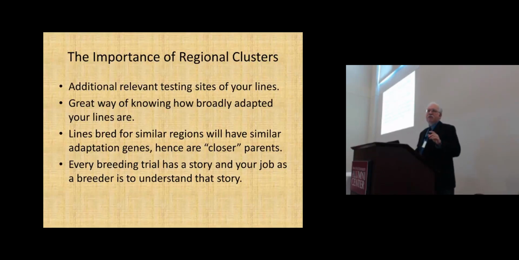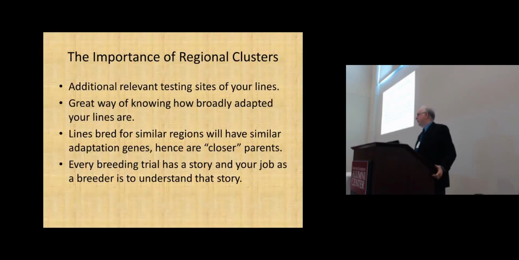You have a great way of knowing how broadly adapted your lines are. Lines from similar regions have similar adaptation genes. So if you're looking for elite germplasm for my west, I go to eastern Colorado, I go to northwest Kansas. That's what I'm looking for.